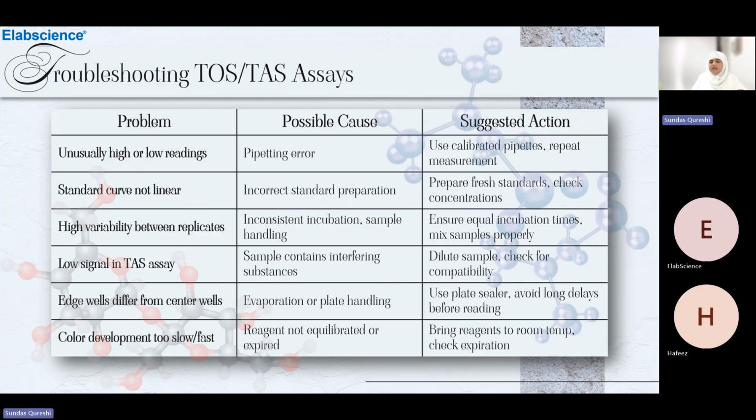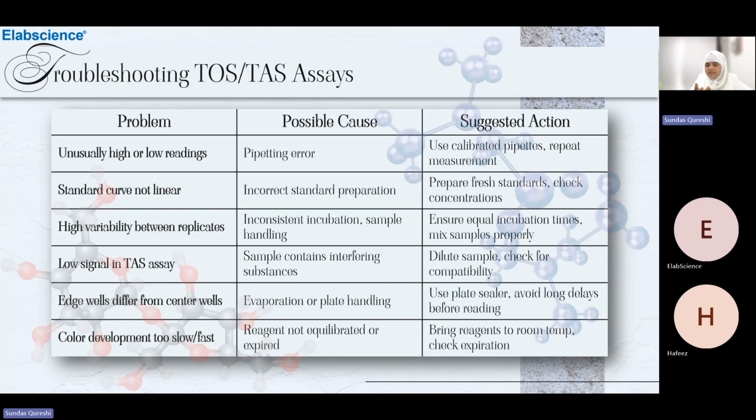If the standard curve is not linear, it usually indicates incorrect preparation of the standards, so prepare fresh standards and verify the concentrations every time. High variability between the replicates often comes from inconsistent incubation times or sample handling, so make sure that all the samples are treated equally and mixed properly.